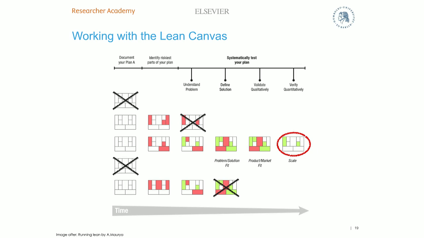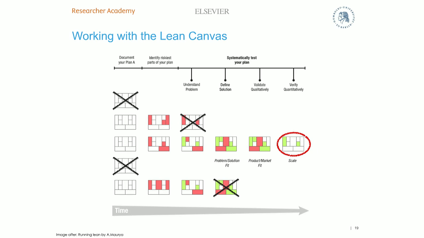So if you are interested in starting a company, or if you are interested in developing new stuff within a company you're working in or within your research institutions, then you have the opportunity to use the Lean Canvas throughout the entire development process.